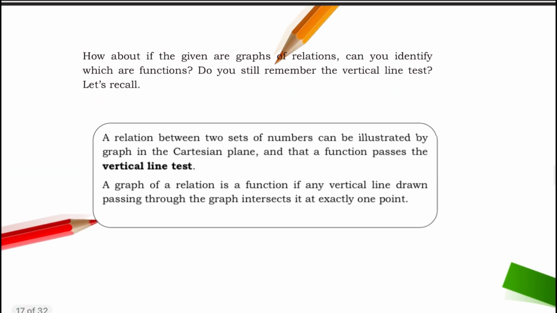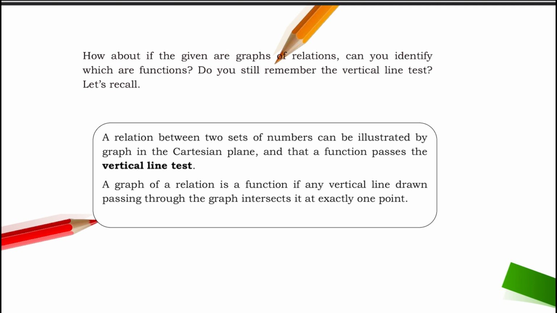Next, how about if the given are graphs of relations? Can you identify which are functions? Do you still remember the vertical line test? Okay, let's recall.